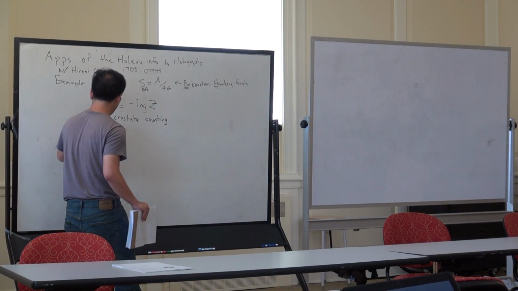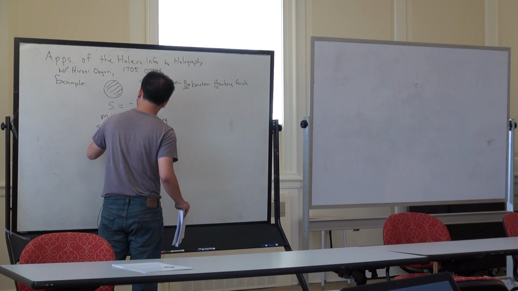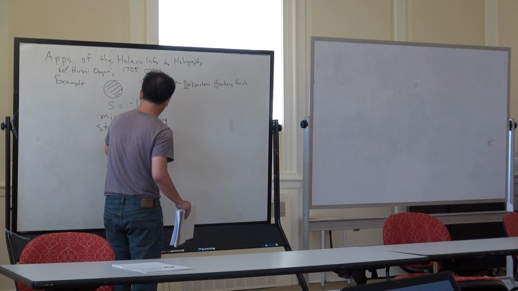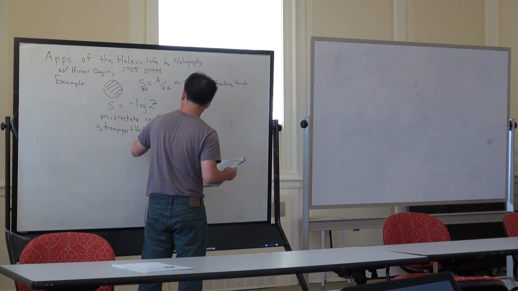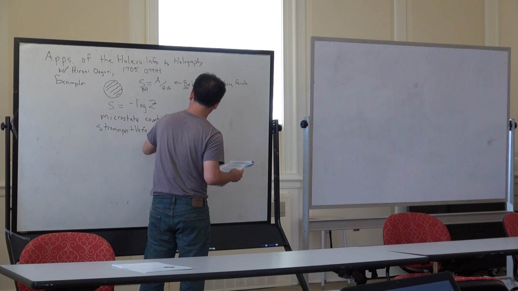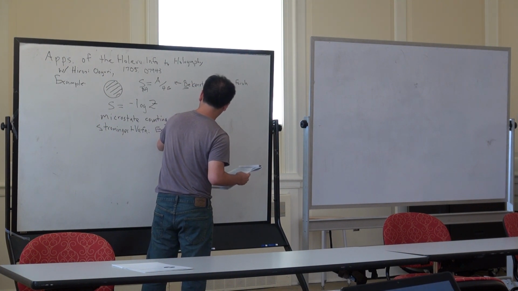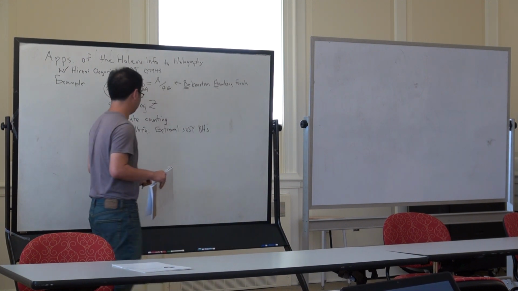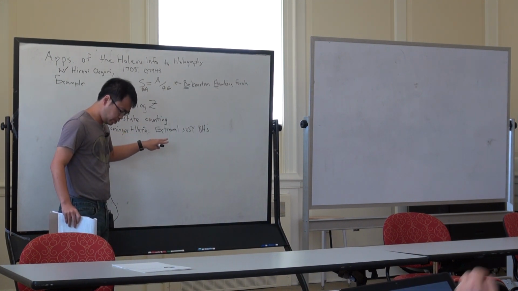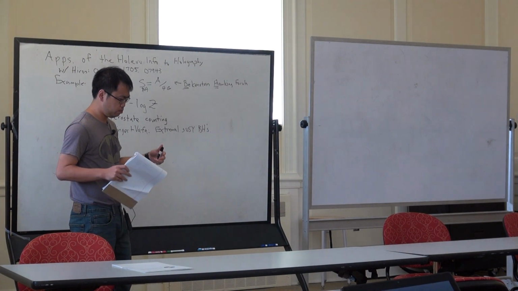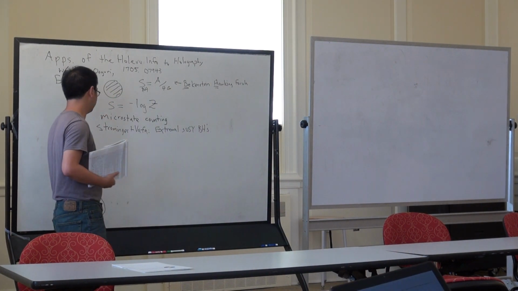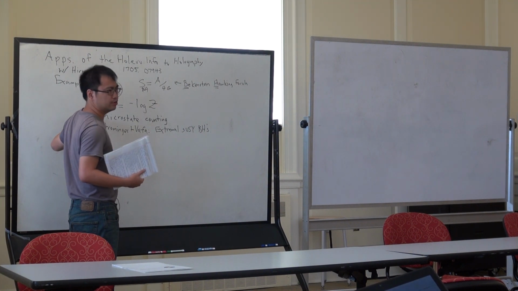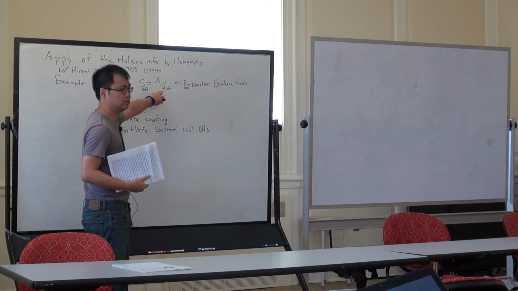In particular, Strominger and Vafa have done microstate counting for extremal black holes, extremal supersymmetric black holes, where they utilize the greatly enhanced symmetry to show that they can, in that case, count the microstates explicitly and recover this answer.